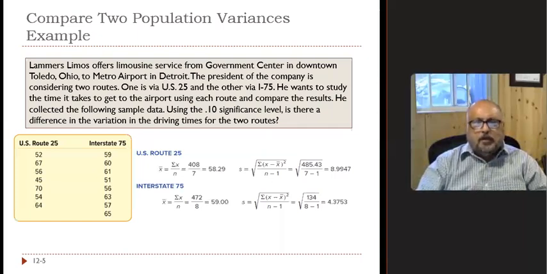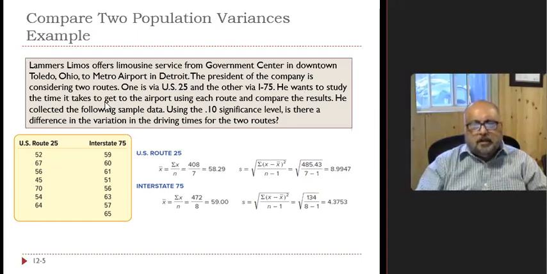Now let's look at one example here, comparing two population variances. Lammers Limos offers limousine services from Government Center in downtown Toledo, Ohio, to Metro Airport in Detroit. The president of the company is considering two routes, one via US 25, another via I-75.